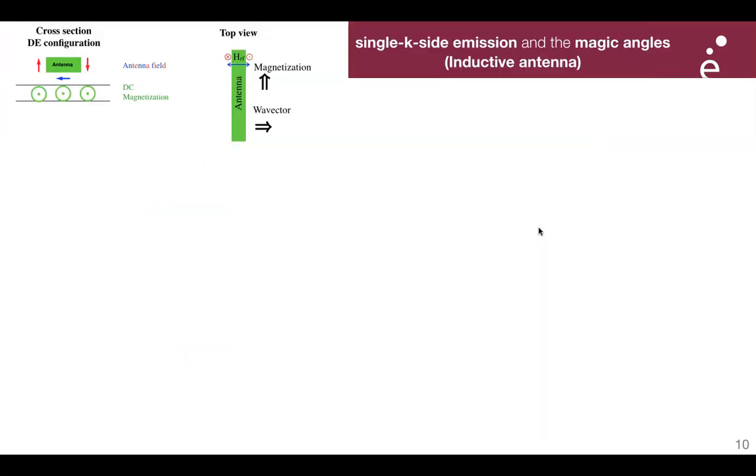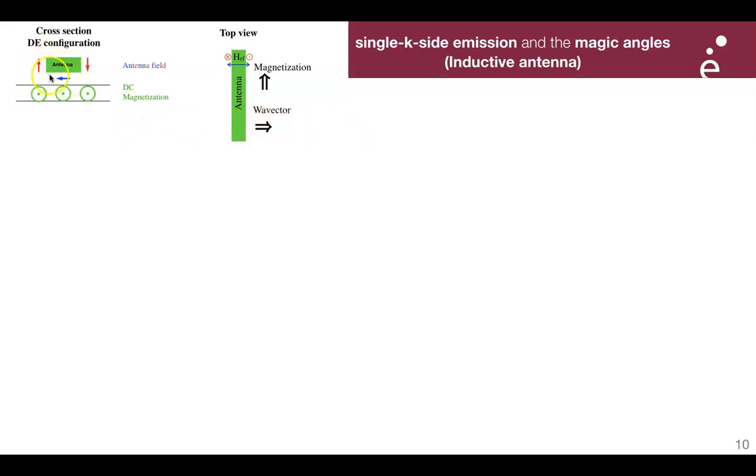And this is important because the most used situation is the Damon-Eshbach situation, where you have the magnetization of your film running parallel to the antenna. So that's the cross section. And in the top view, you would have the magnetization running parallel to the antenna, and you're considering a wave vector for the spin waves that are radiated away from the antenna.